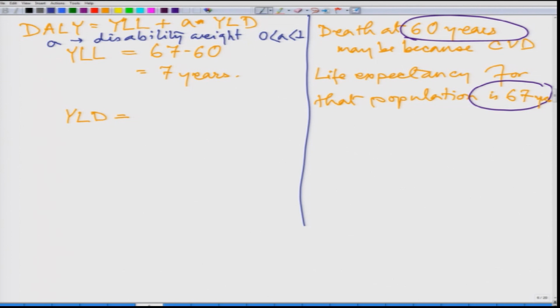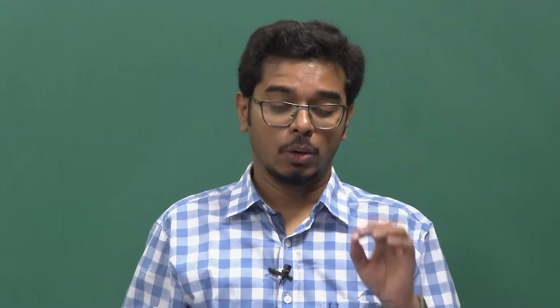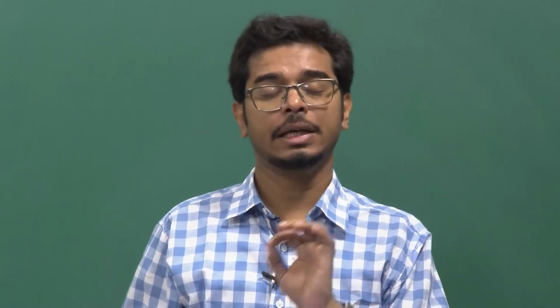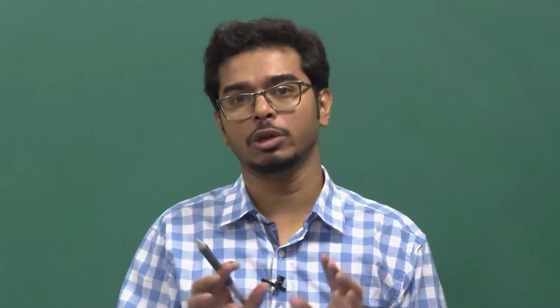If A equals 0, what does that mean? The person has no disability, perfect health. If A is 1, the person is living with absolute disability, maybe a chronic condition, completely dependent, no movement. The more severe the problem, the closer A is to 1.